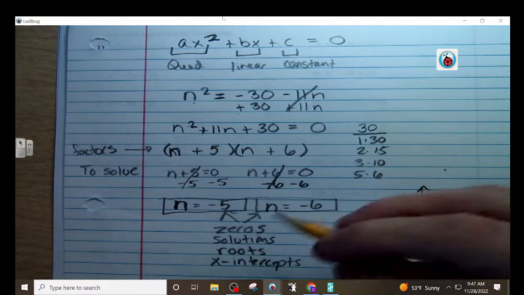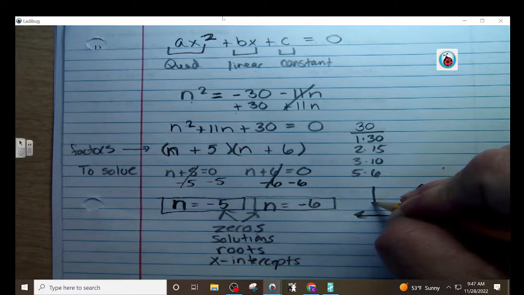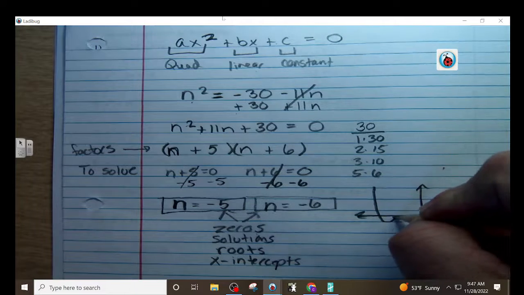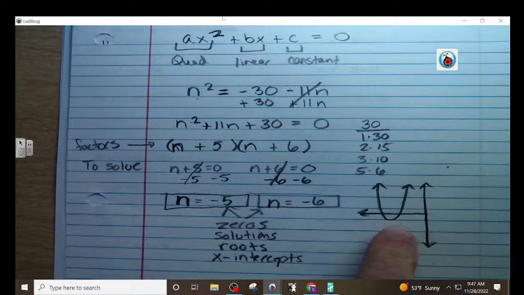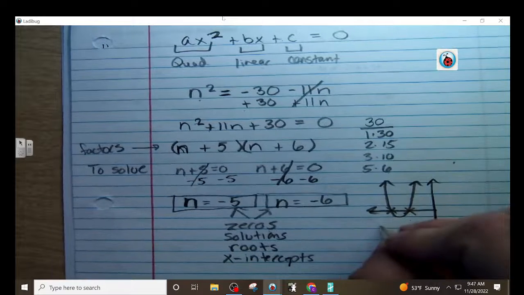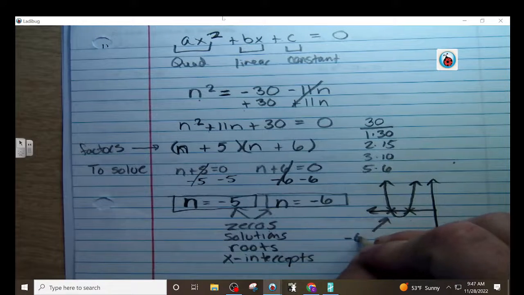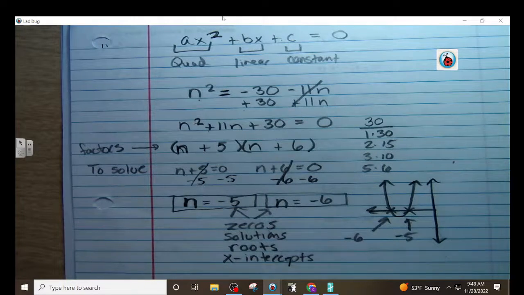Now, guys, what that means is if you graph this parabola, it's where the parabola crosses the x-axis, which are at these 2 points right here, that is negative 6 and negative 5. So that tells you where it crosses the x-axis. Guys, there are so many different ways to say x-intercepts, but they are zeros, solutions, roots, but they're all the same thing.